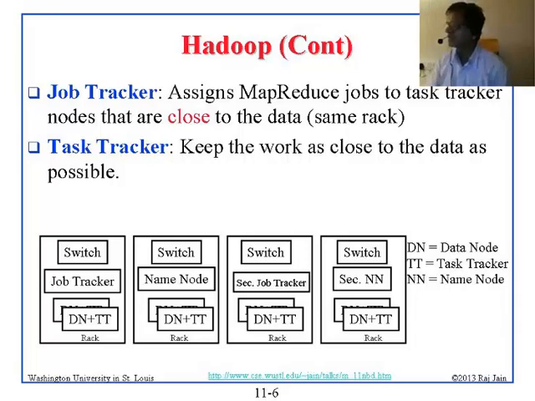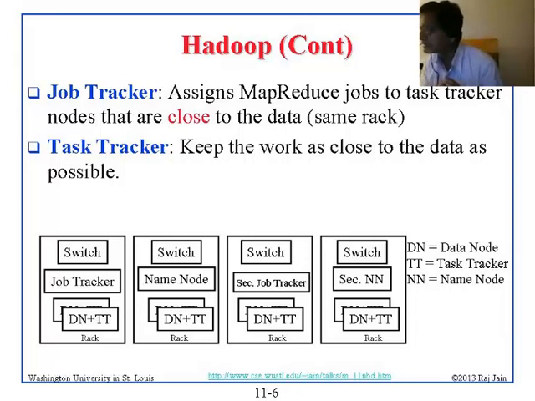Job tracker knows who is up, who is down, who is working on what. So now we have two masters. We have job tracker, which is the master for compute, and we have name node, which is the master for data location. And we have two sets of slaves. One is the data node, which has the data, and the other is the task trackers.